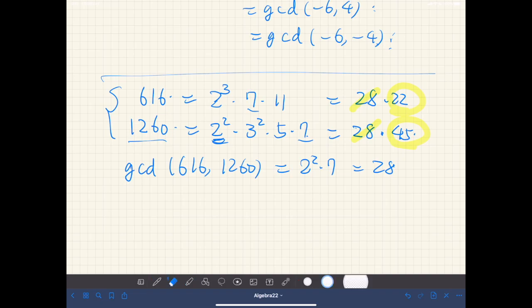Do they share any common factor? Actually, no, they don't. So the greatest common divisor of 22 and 45, and you should validate this, should be 1. If it's not 1, then that should have been included in the greatest common divisor part.